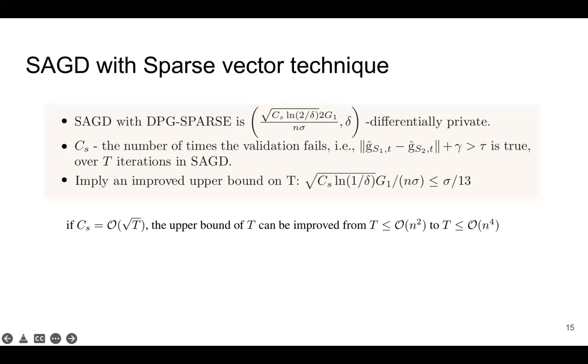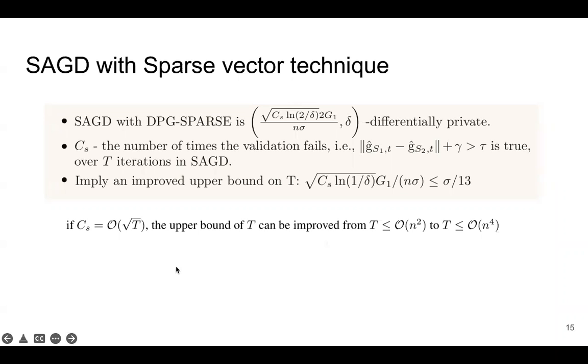In most cases, CS will be smaller than T, which means this initial private cost is much smaller than the previous one, and we have an improved upper bound for T. If CS equals the square root of T, the upper bound can be improved from n to the power of 2 to n to the power of 4.